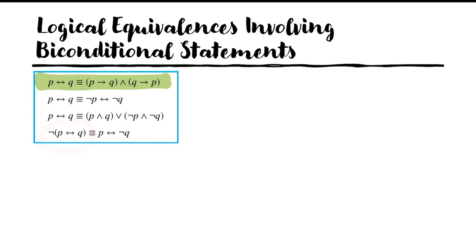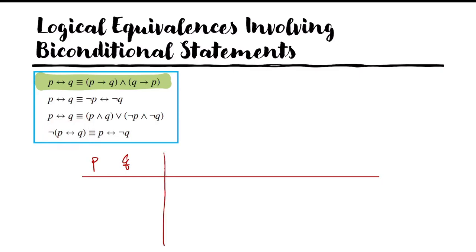This is saying that by negating P if and only if Q, you will get P if and only if not Q. So I can show you. Let's have P, Q. We have true true, true false, false true, false false.